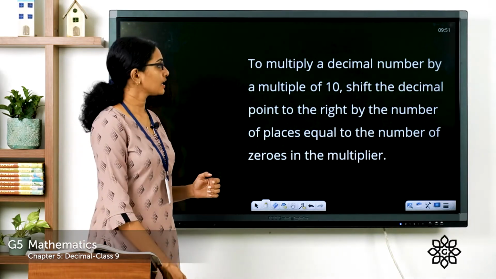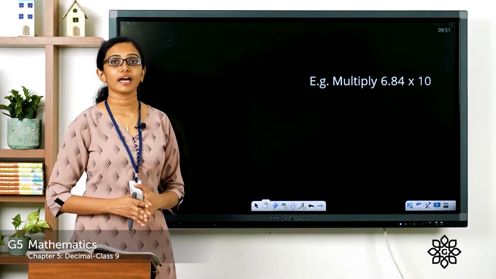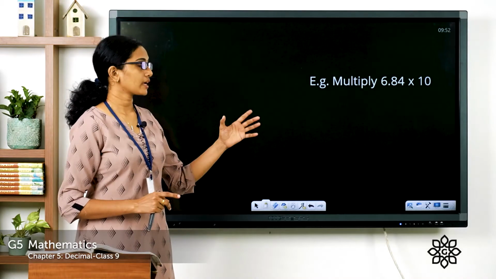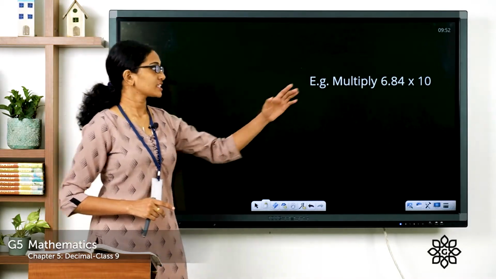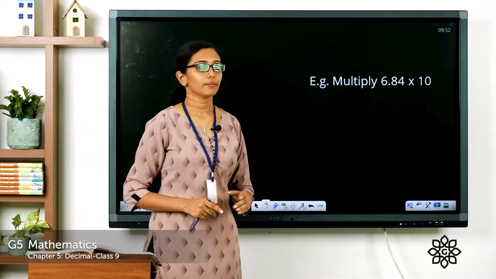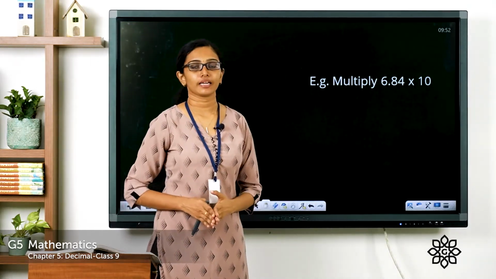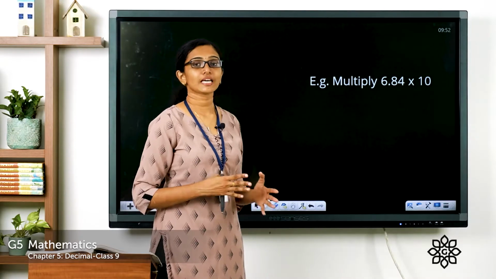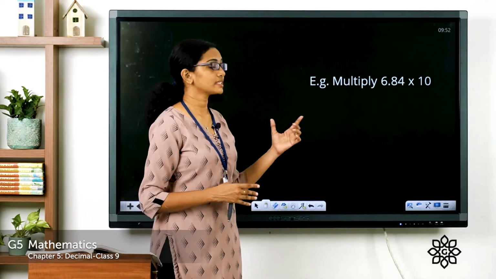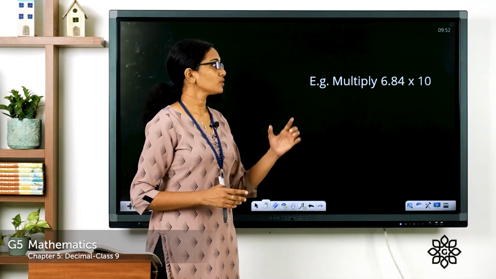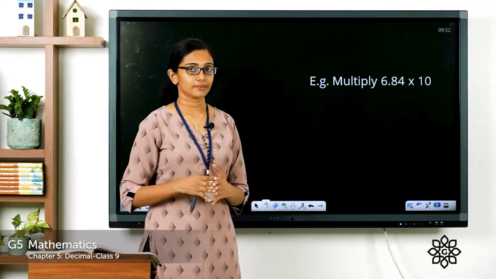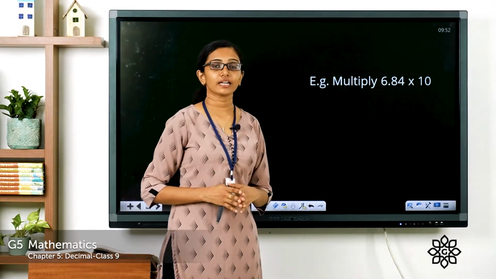So let's make it clear with an example. Multiply 6.84 into 10. 6.84, the decimal number, is the multiplicand here and 10 is the multiplier here. And what do you have to do when you have to multiply by 10? You have to count the number of zeros in the multiplier. And how many zeros are there in 10?